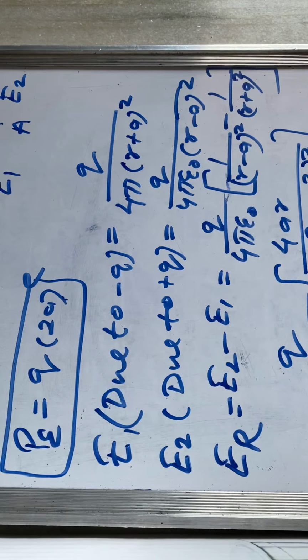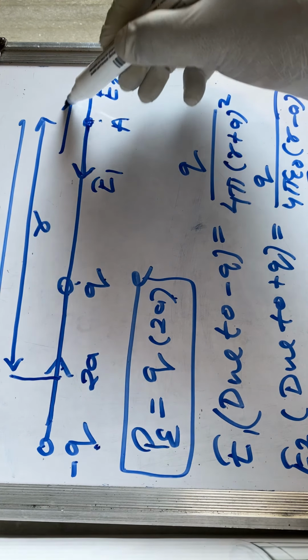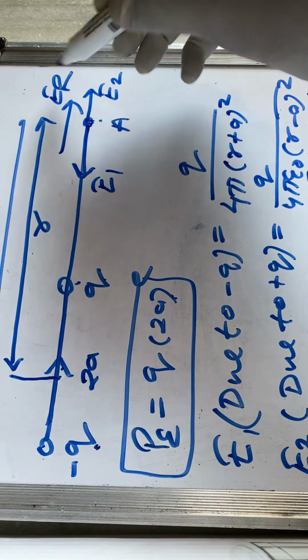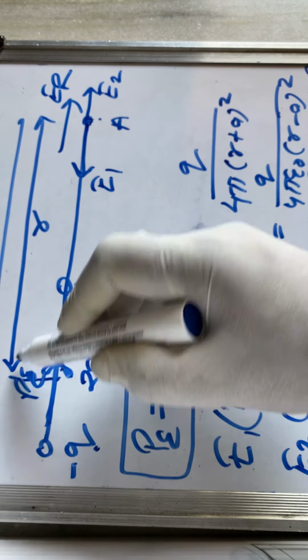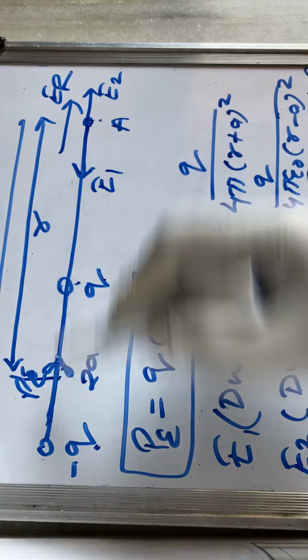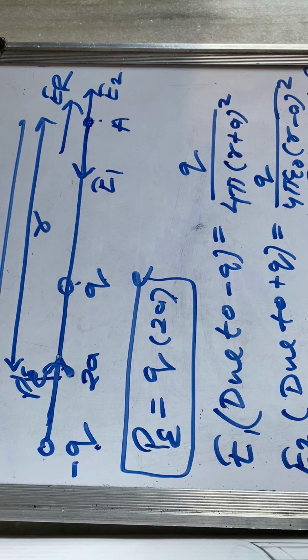See in this figure, the resultant electric field comes out to be E2 minus E1 this way, and the dipole direction was also this way. So the resultant electric field is in the direction of the dipole moment. That is the way we find the electric field at the axial position of the dipole.